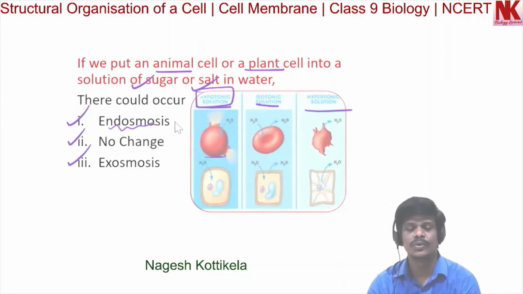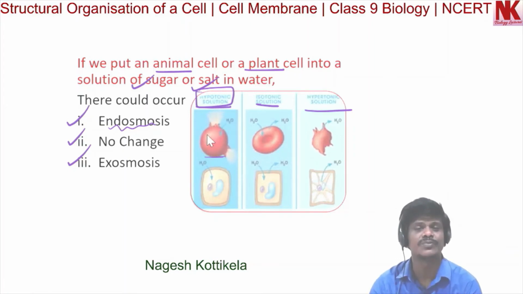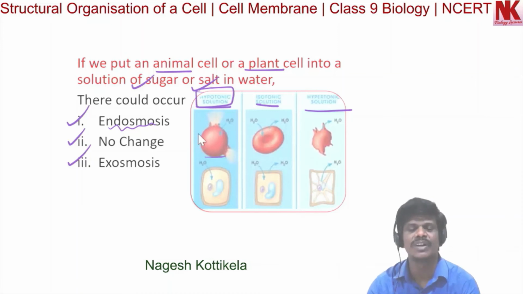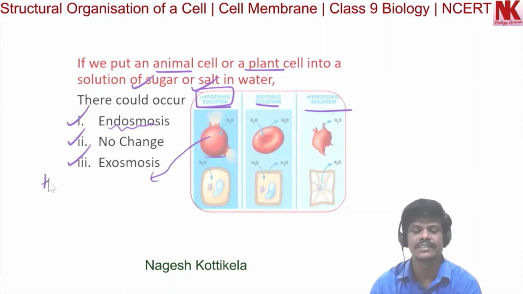Okay, so this finally leads to swelling, and ultimately the cell will burst because the outermost covering here is cell membrane, which is very thin and flexible, so it cannot tolerate the pressure because of excess water present inside the cell. So the cell will burst, and that process is called hemolysis.